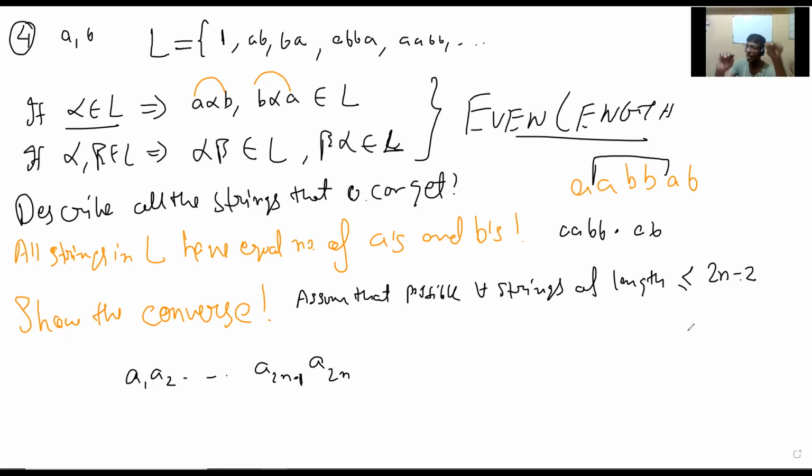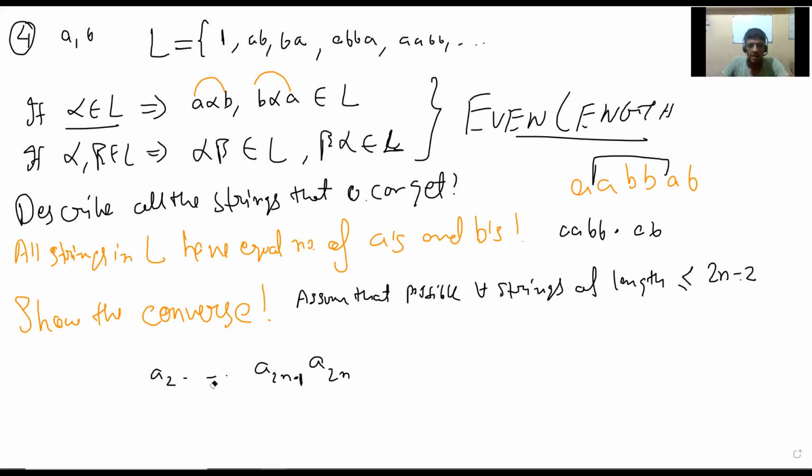Okay, so if you add AB or BA, then what kind of strings of length 2n will you get? Those which start with A and end with B. But I'm saying that if you take a string of small length, of length 2n minus 2, and add AB in the end or BA in the end, then you'll get a string of length 2n, which will have equal number of A's and B's, but it will start and end with different things. Okay, so those you can get by this, but that's not all, right?